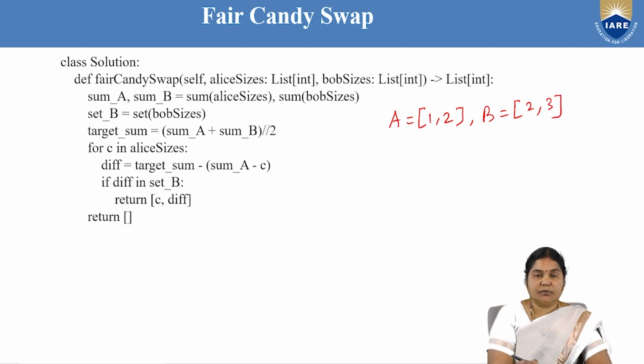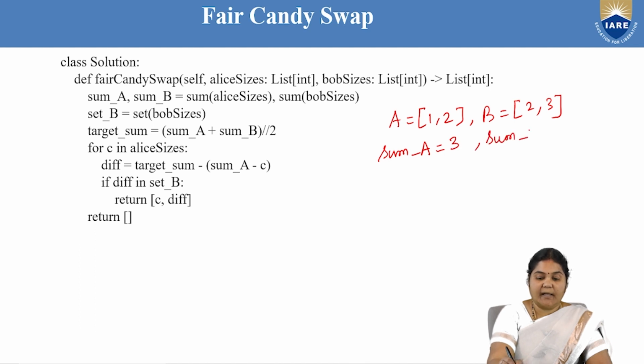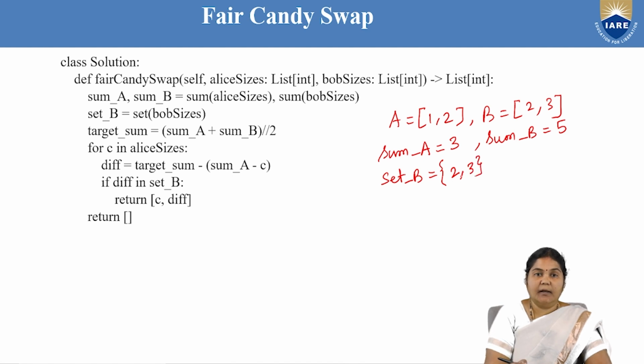Let us understand through this. What is the total number of candies that A has? A has 3, and the total number of candies that B has is 5. Now, we are converting Bob to a set, containing all unique elements, so 2, 3.